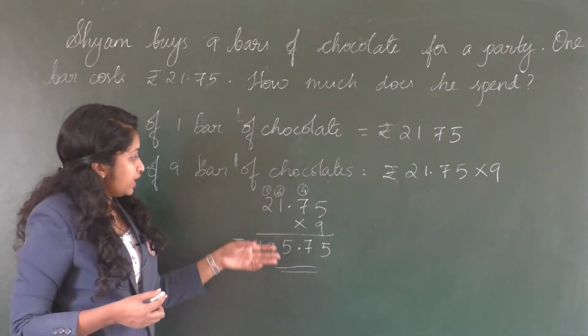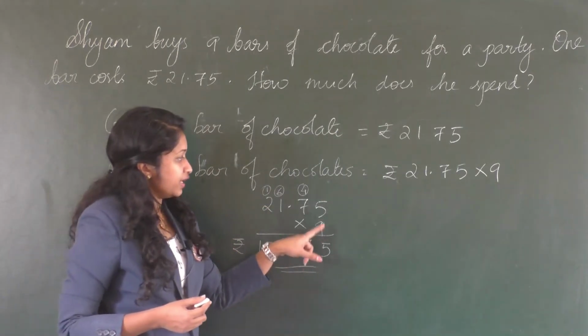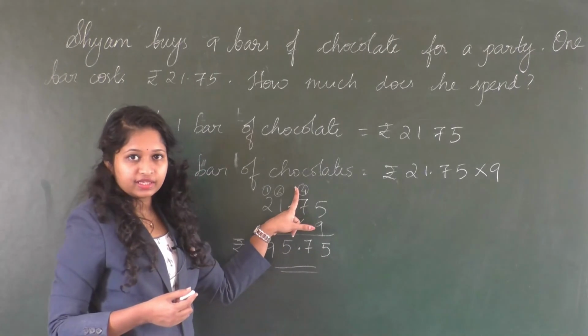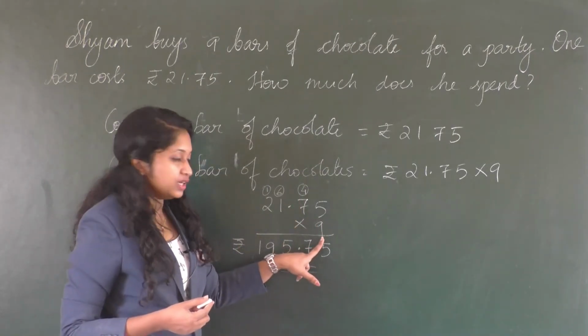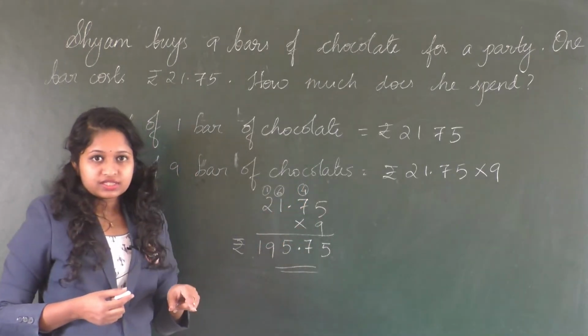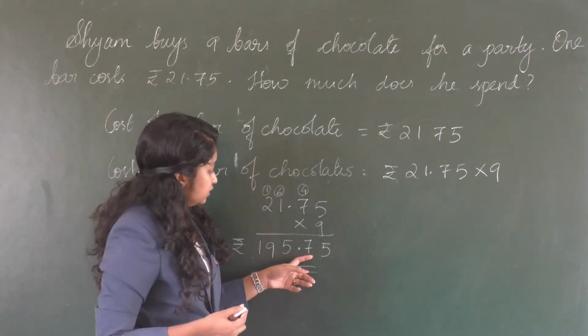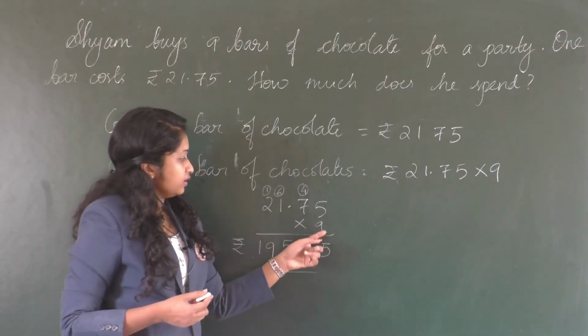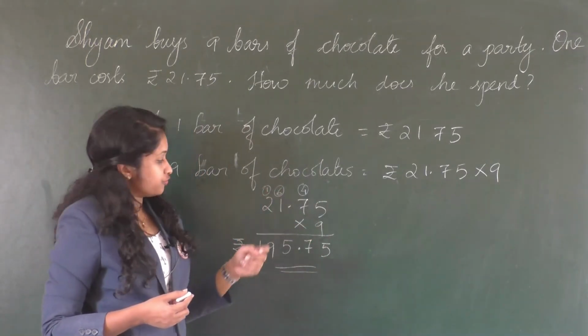So when you multiply, we get 9 5s are 45. Write 5 here and 4 as carry. 7 9s are 63. 63 plus 4 is 67. Write 7 here and put 6 here. And 1 into 9 is 9. 9 plus 6 is 15.